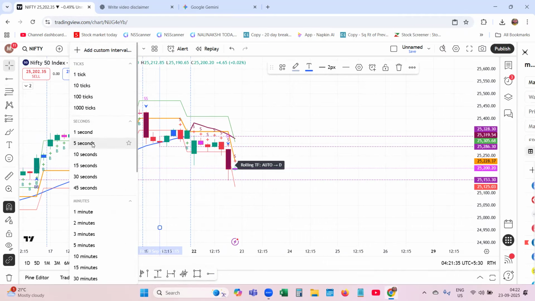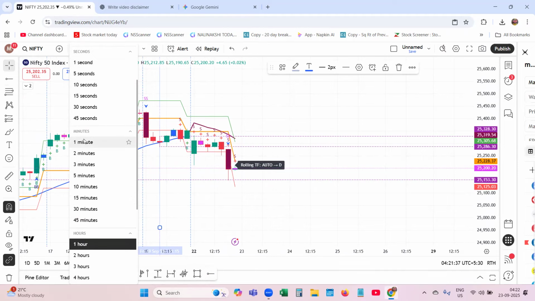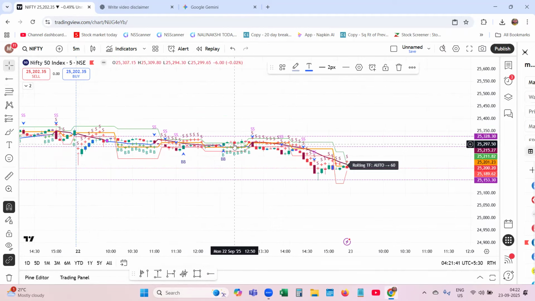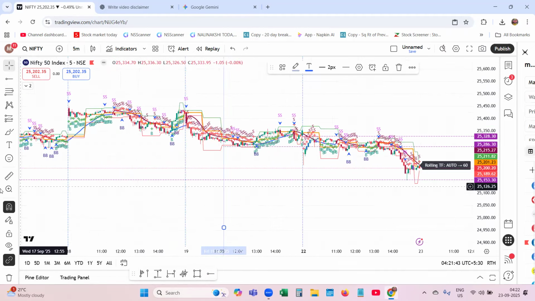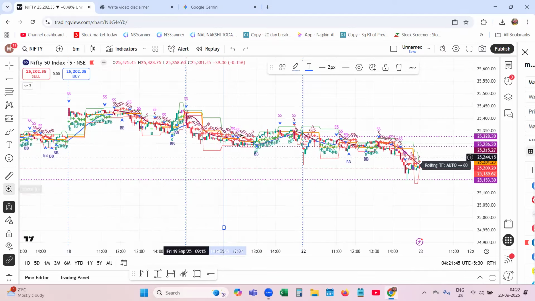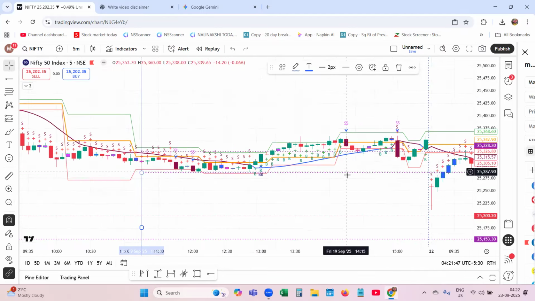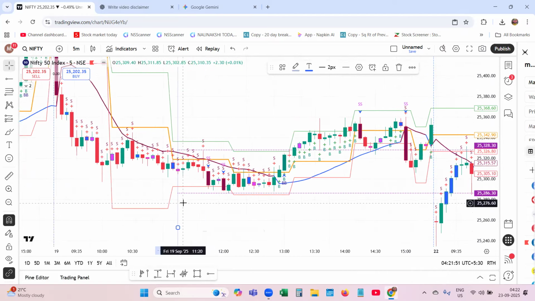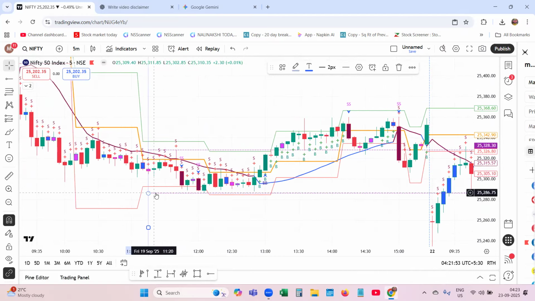I'm changing the time frame to 5 minutes. Let us go back to the previous day. You can see over here, I have marked the high and low of the hourly candle, third hourly candle.